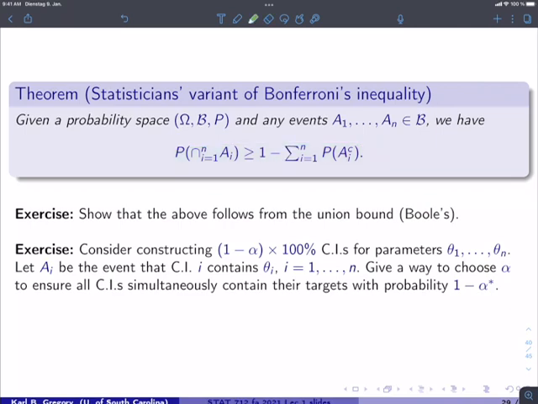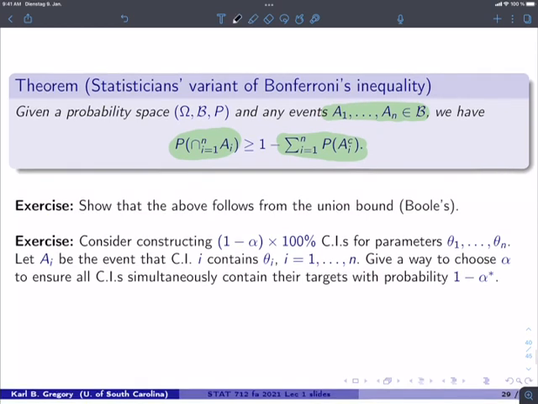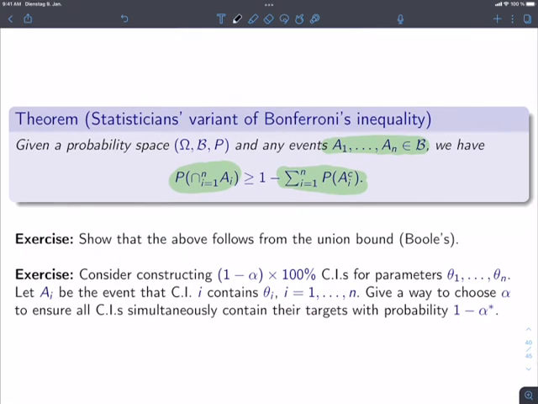I'll show you how we do that. We often use this inequality. It says for any events A1 through An, the intersection probability is at least 1 minus the sum of the probabilities of the complements. I'll show you why that's useful in a moment. But first of all, let's figure out why it follows from the union bound.